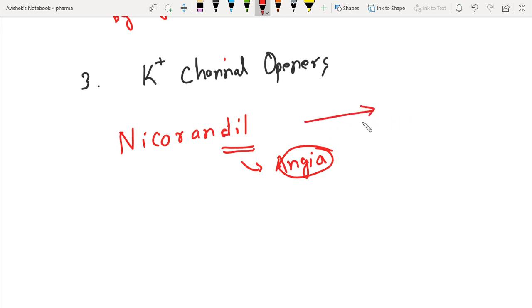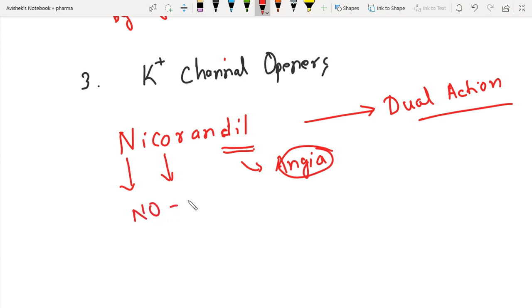But nicorandil has dual action. This is a potassium channel opener, plus in this name there is nicorandil, NO. So this is a nitrate releaser.